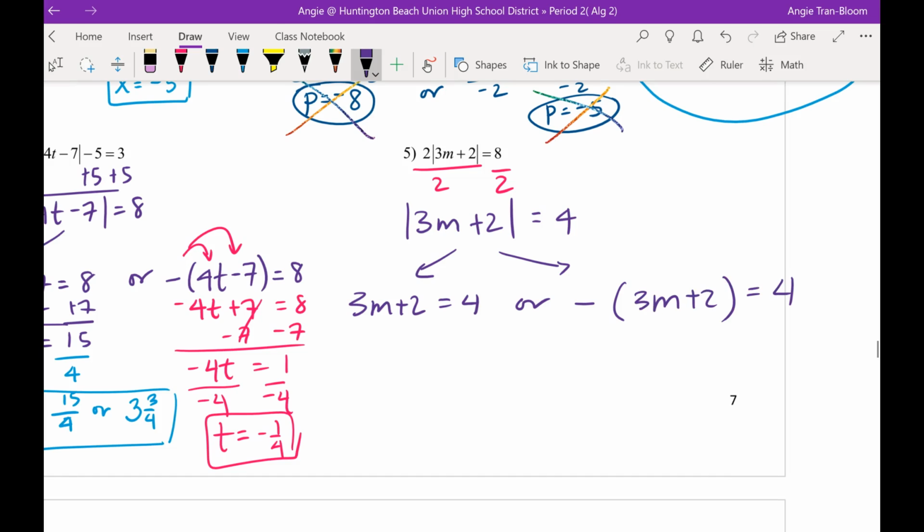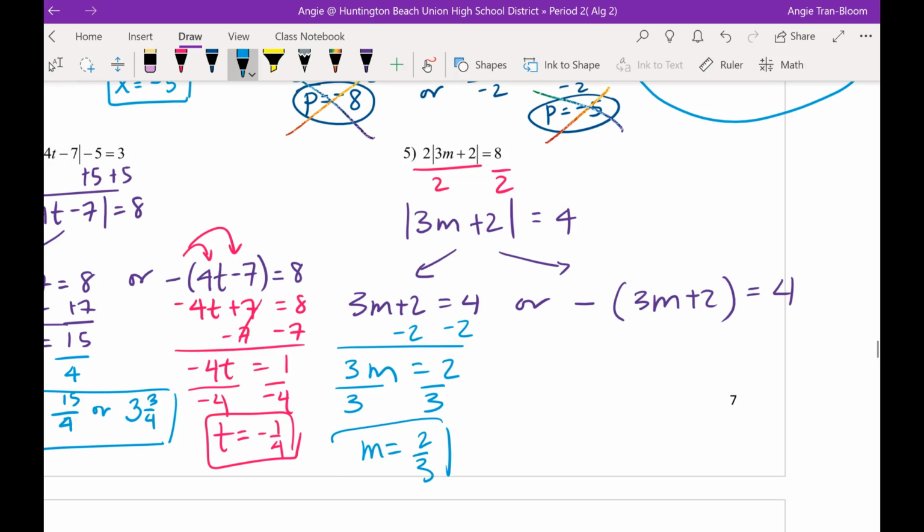All right, let's solve for it. Here we go. Victoria, solve the left side. Where do you want to go? Good. Then you got 3m equals 2. Victoria, what's next? Divide both sides by 3. So 1m on that side is what? 2/3. Good. Box that up.